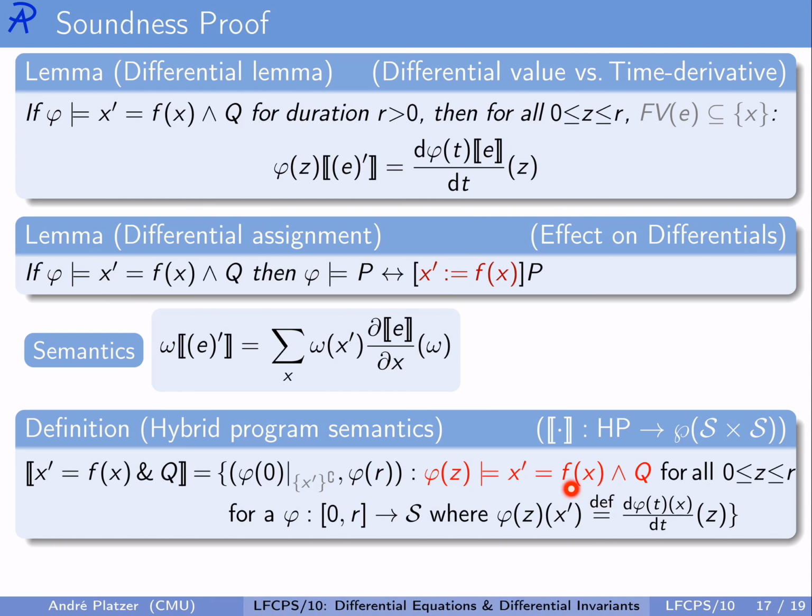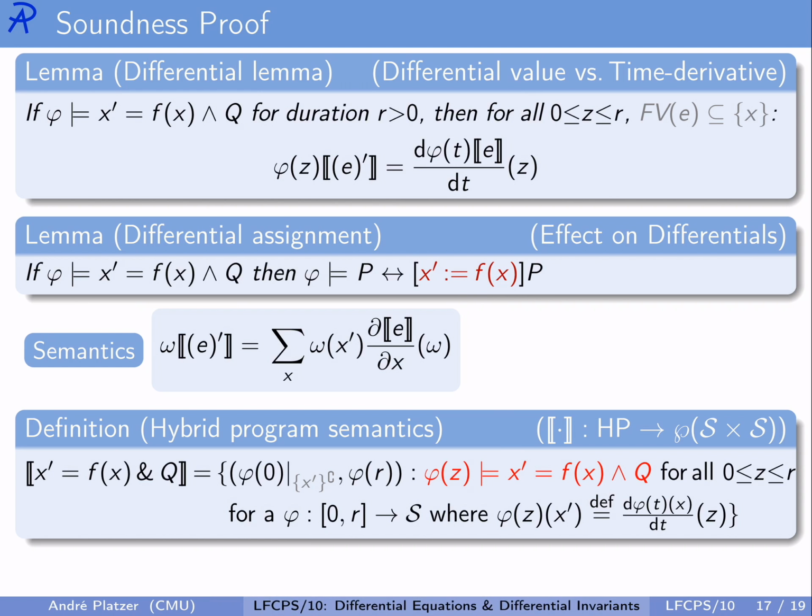Of course, if x prime equals f of x is true along a differential equation, that precisely means it doesn't matter whether I assign x prime to have the value f of x again along this differential equation, because it already does. So this is like a no-op. It's an important no-op, remember, because we use it in the differential effects axiom to make it accessible in our syntactic reasoning. But its correctness is obvious.